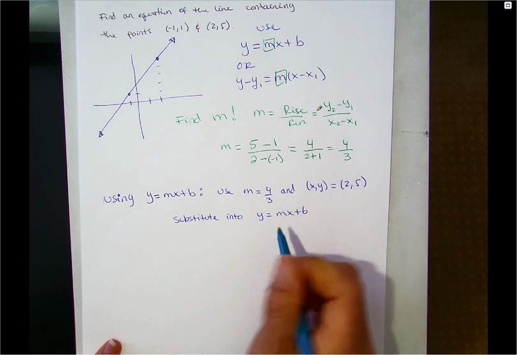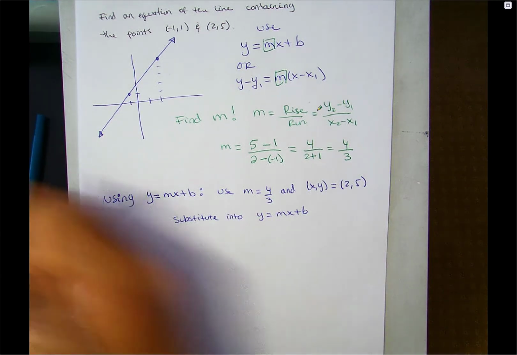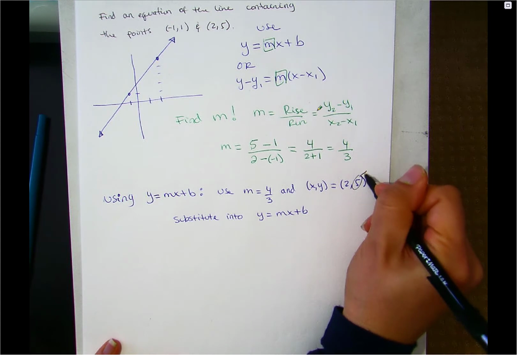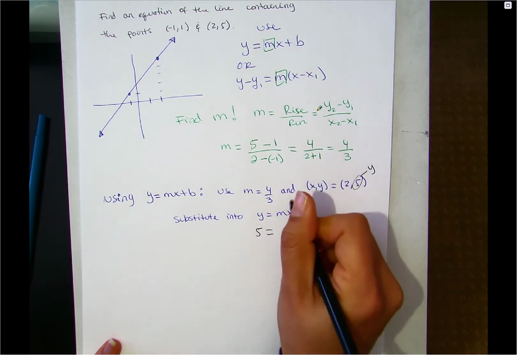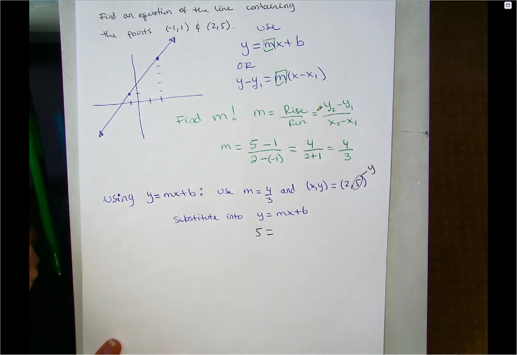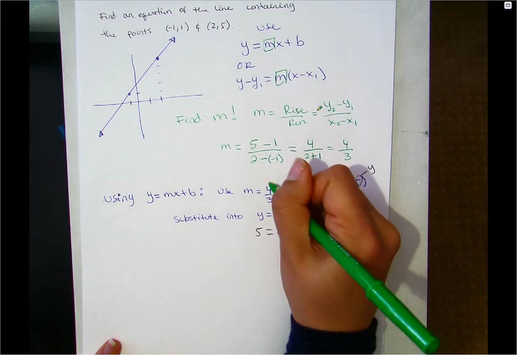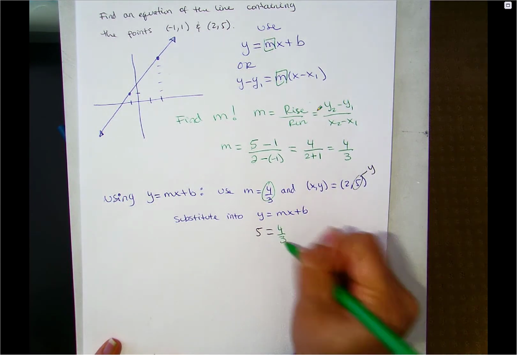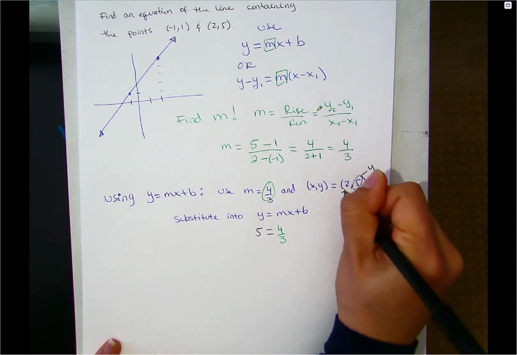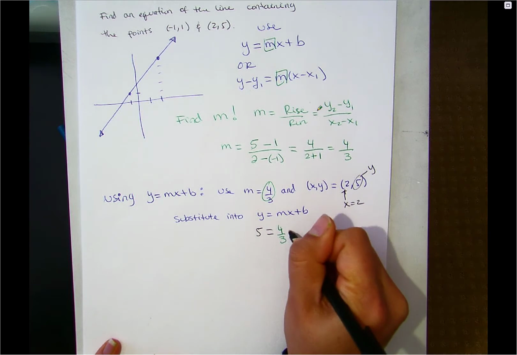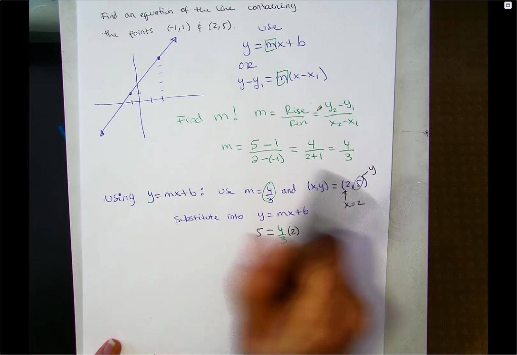Right, so substituting, that means that y is 5. So I'm going to have 5 equals m, which is 4/3, times x, which is 2, plus b.